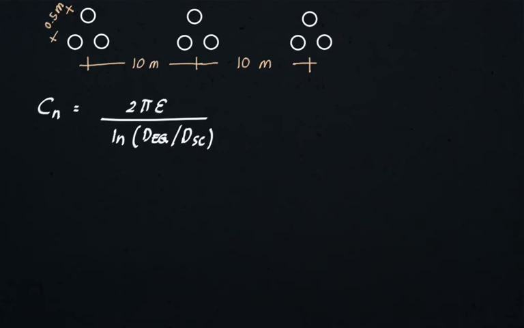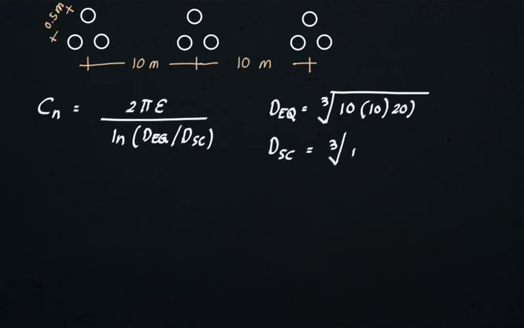Now again we get dEq first, so the cube root of the product of distances, and then our dsc, since this is a 3 conductor bundle, is the cube root of rd squared. So where do we get r now? Because the D is already given.